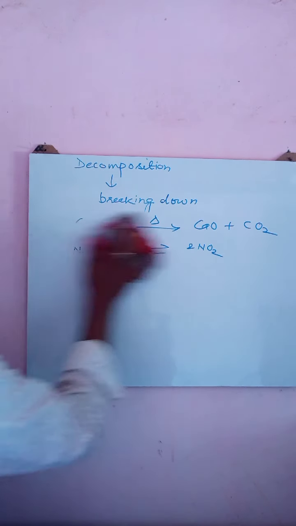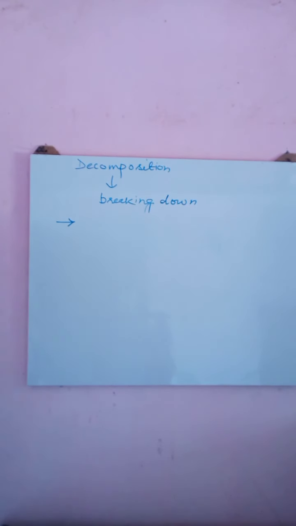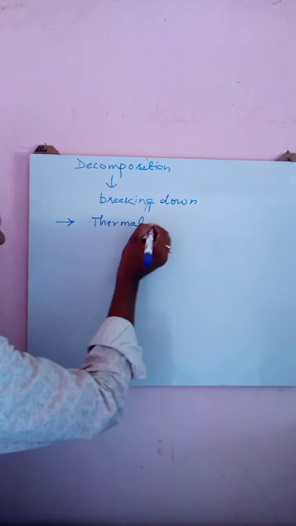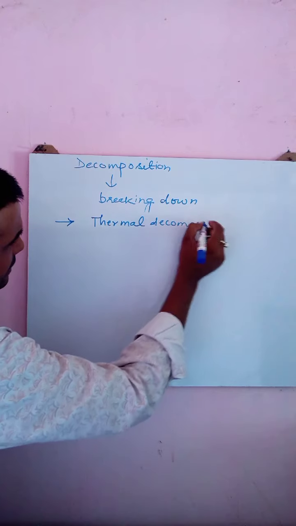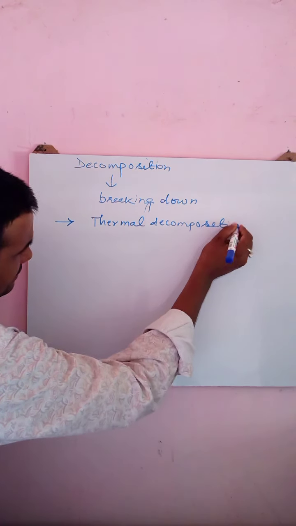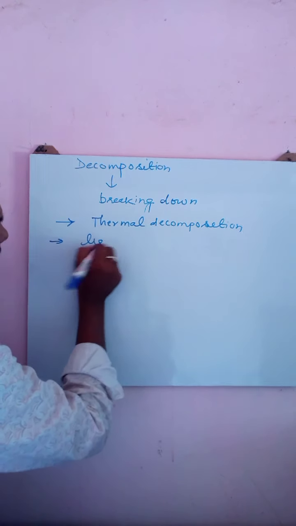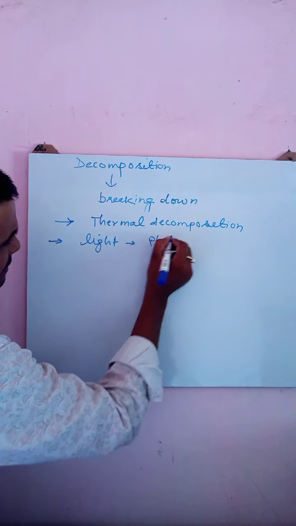Decomposition reaction is further divided into the following classes, depending on the source of energy used. First is thermal decomposition reaction. If the source of energy is heat energy, the reaction is said to be thermal decomposition reaction. When the source of energy is light, the chemical reaction is known as photochemical decomposition.